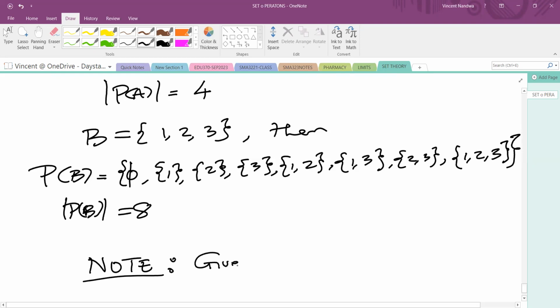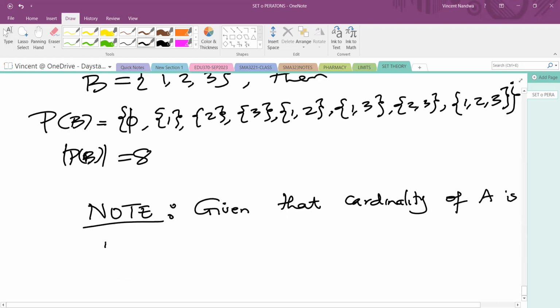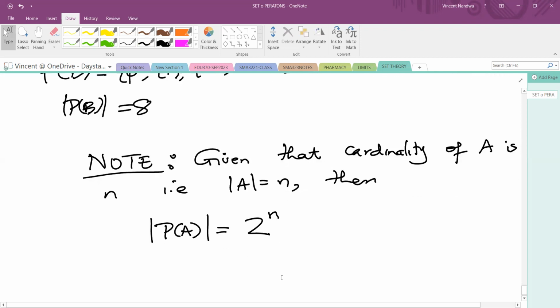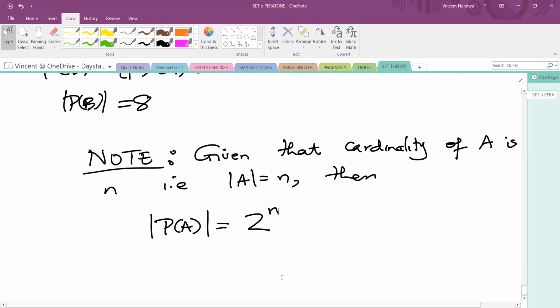So given that the cardinality of A is n, that is, the cardinality of A is given by n, then the cardinality of the power set of A is given by 2 to the power n. So when I know the number of elements in a set A, I should be able to know the number of elements in the power set of that A.